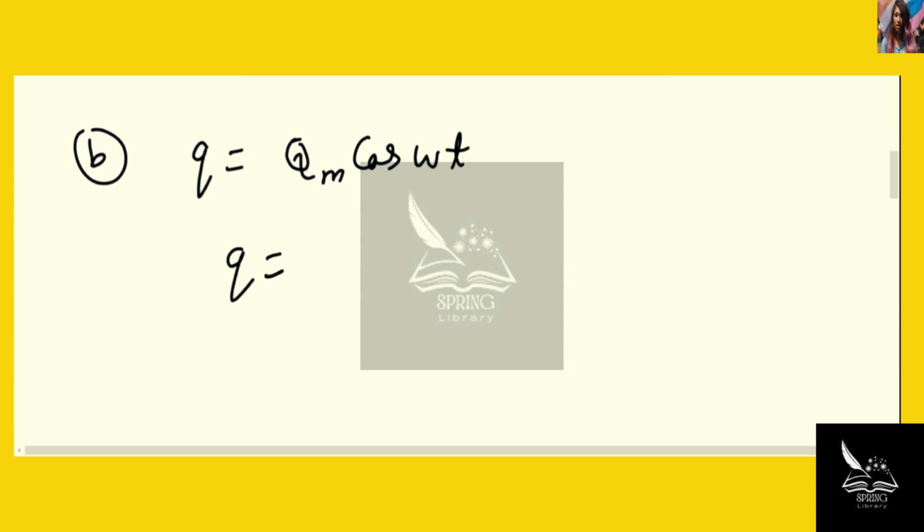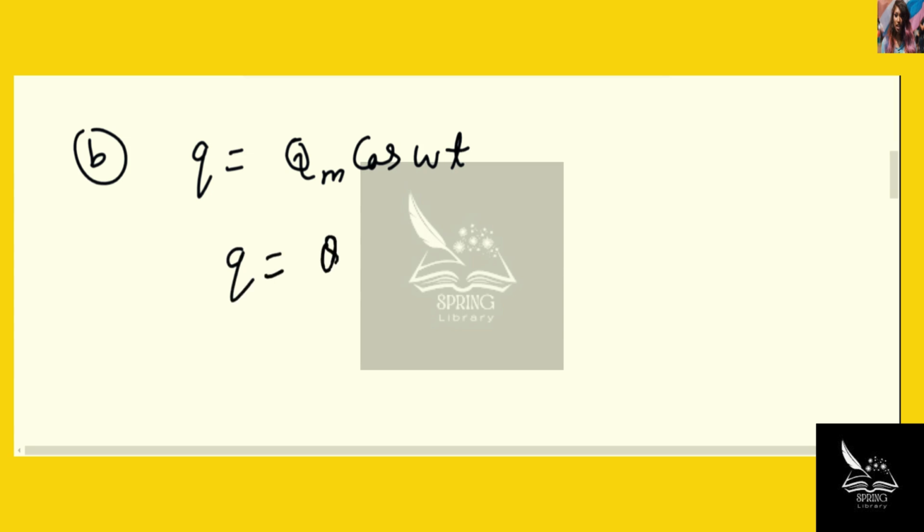Now we have to find that time. In part B, we know that the time-dependent charge on the capacitor is equal to the maximum charge times cos of omega t.